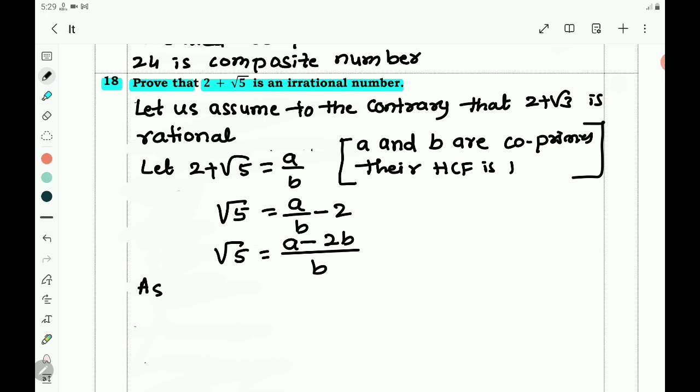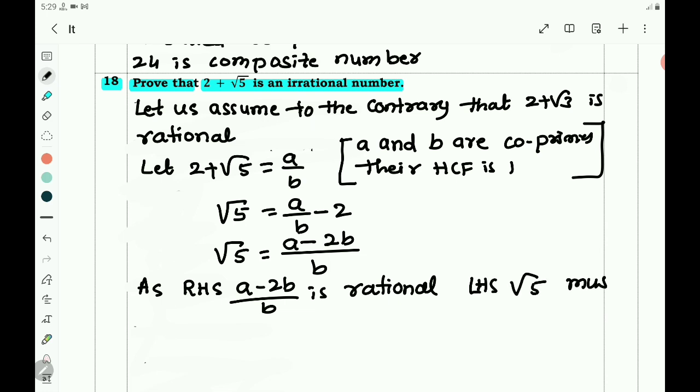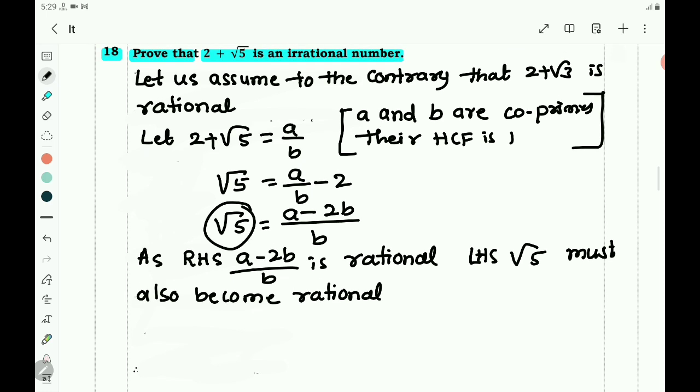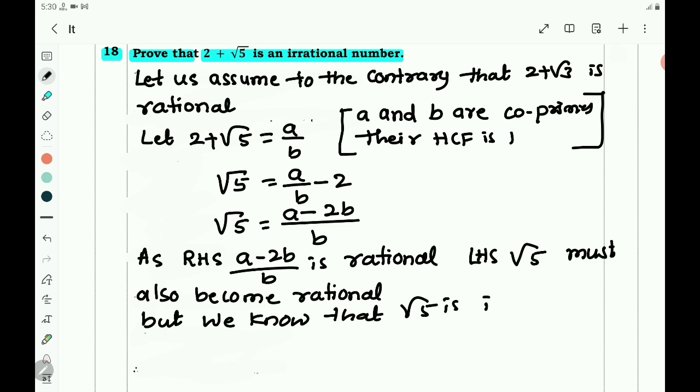So write: RHS a minus 2b by b is rational, LHS root 5 must also become rational. But we know that root 5 is irrational.